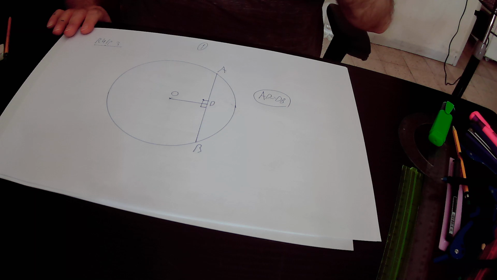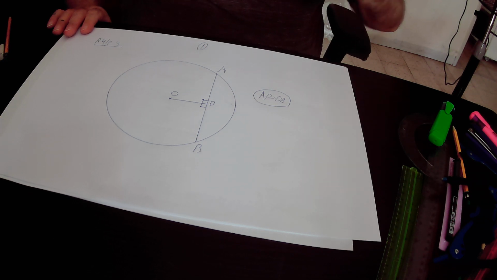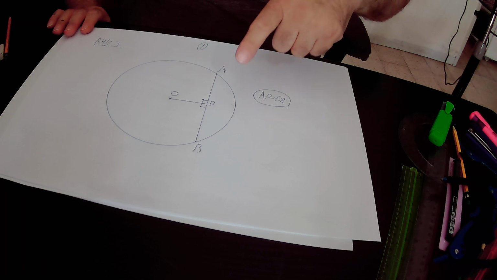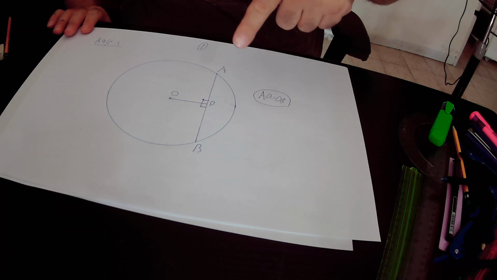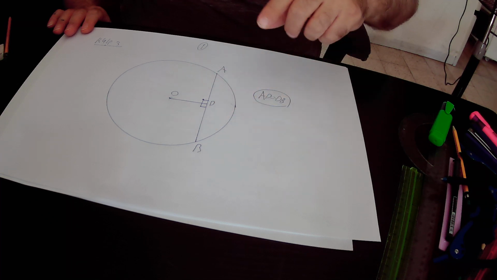But the perpendicular OD is not only perpendicular to the chord AB, it also bisects AB. That is to say, AD equals DB. According to the rule, the perpendicular from the center of the circle to a chord bisects the chord. So the perpendicular OD bisects chord AB, that is to say AD equals DB.